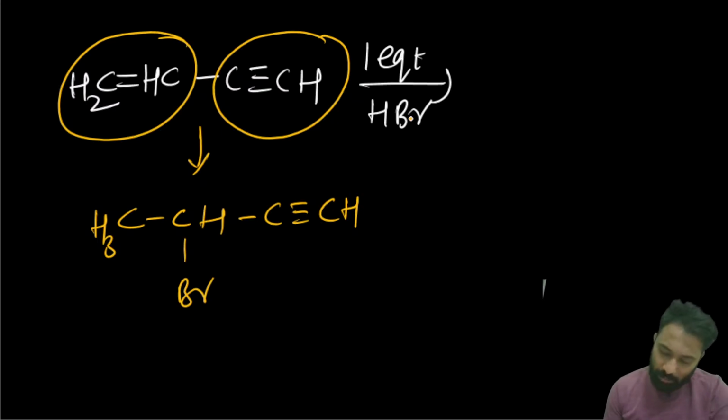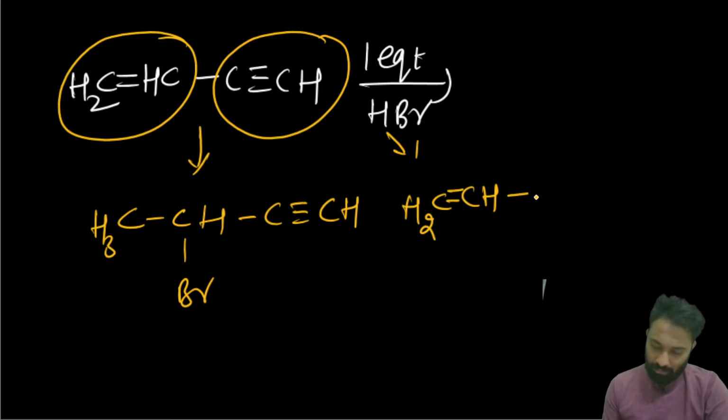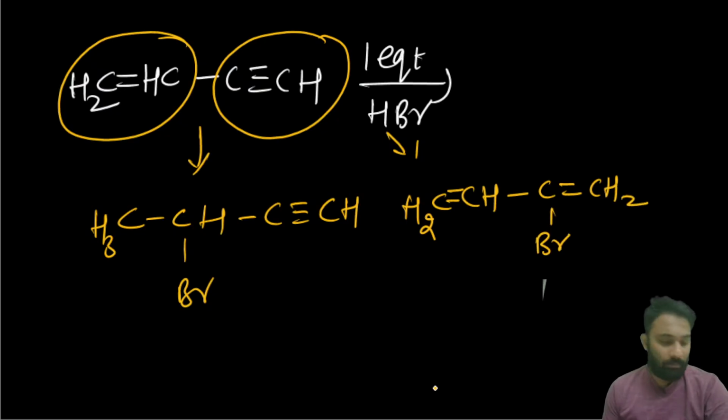And the second possible product, if it is attacked at the alkyne, what is the possible product the alkyne will produce? This is a CH, now here the CH2 double bond, and here it is a Br.